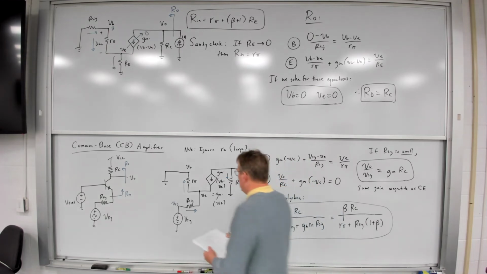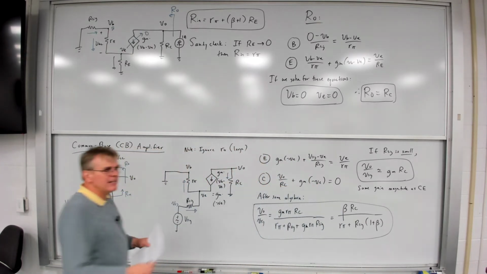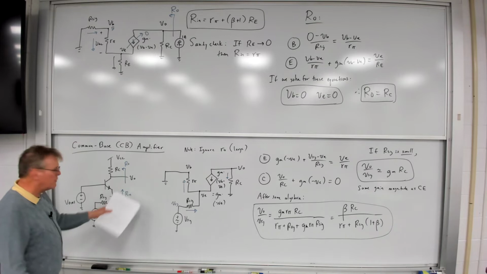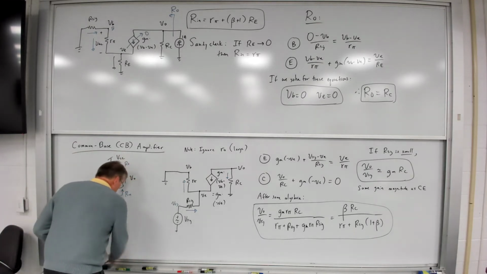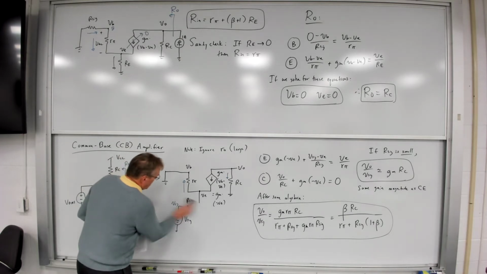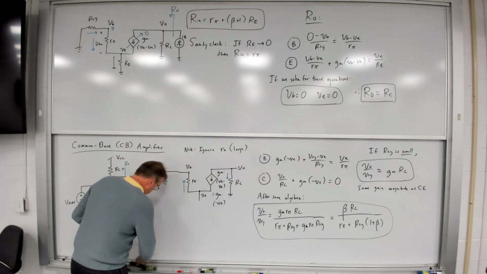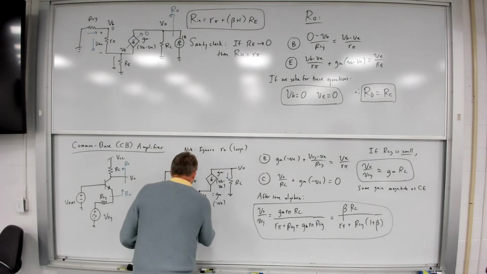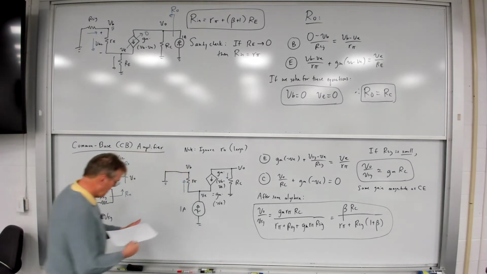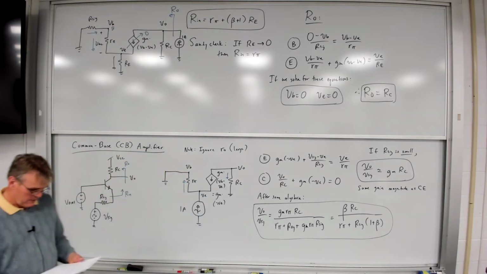Okay, what about my Rin calculation? I want to do the input resistance. So in this case, I'd take this small signal diagram, I'd remove the signal source, and I would inject a 1 amp source here into the emitter node and do my Rin calculation.